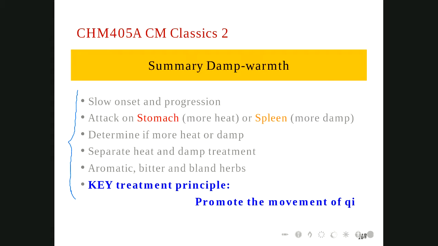It is a treatment combining both, using aromatic herbs to help resolve the damp, using cold, bitter or cold aromatic herbs to help resolve the heat simultaneously. And at the same time, regulate the qi, restoring the qi dynamics in the Middle Jiao.